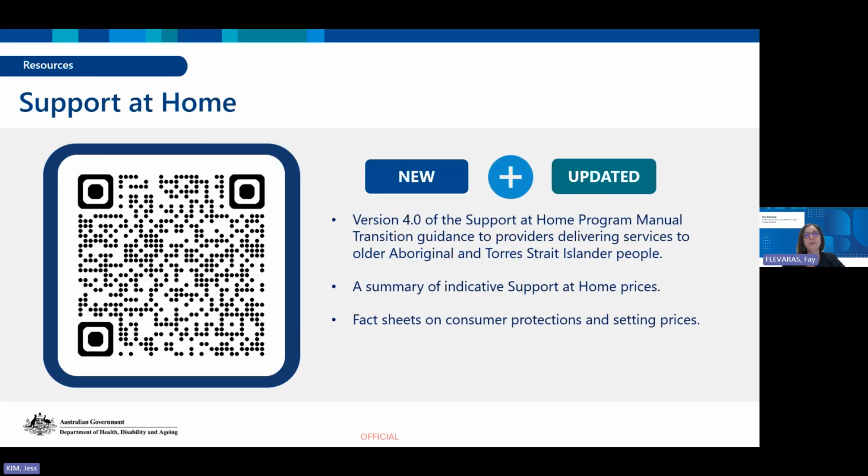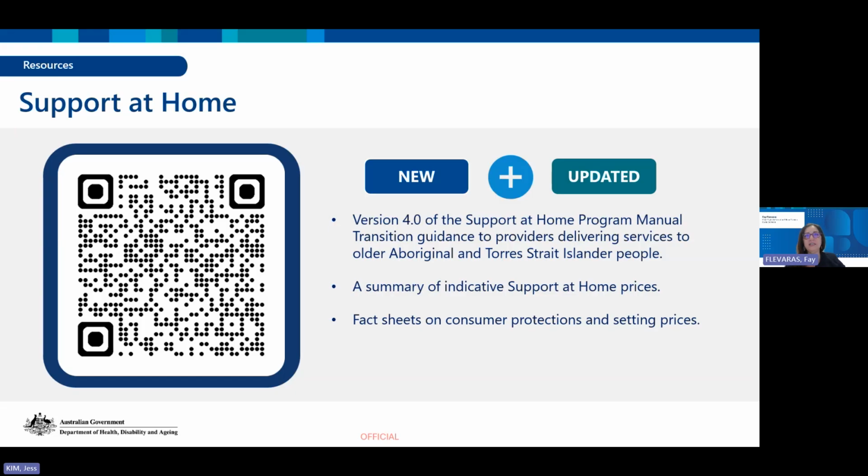There's also from Support at Home a range of new updated support resources have been published, including version 4 of the Support at Home Program Manual, the Transition Guide to providers delivering services for older Aboriginal and Torres Strait Islander people.